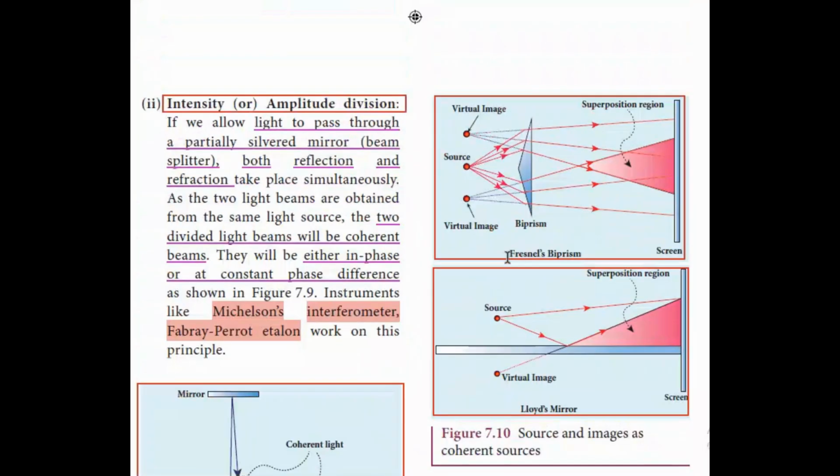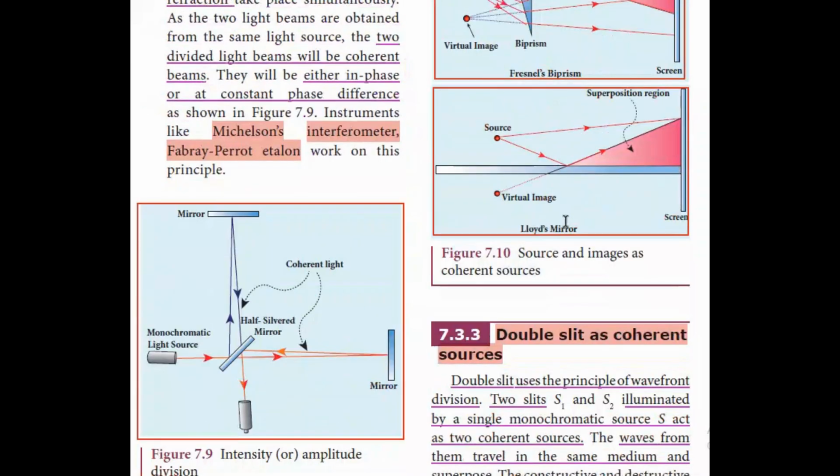In the case of Fresnel's biprism, there are two prisms which are used to produce two virtual images using a single source, whereas in the case of Lloyd's mirror, one source will be real and the other one will be virtual.